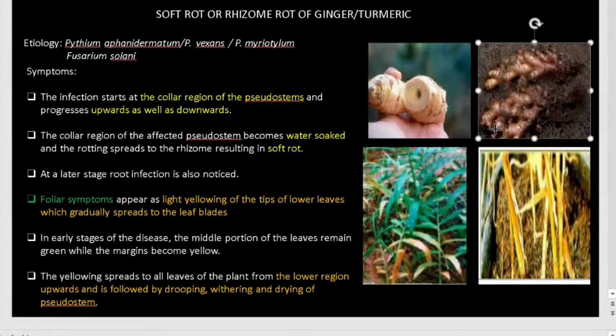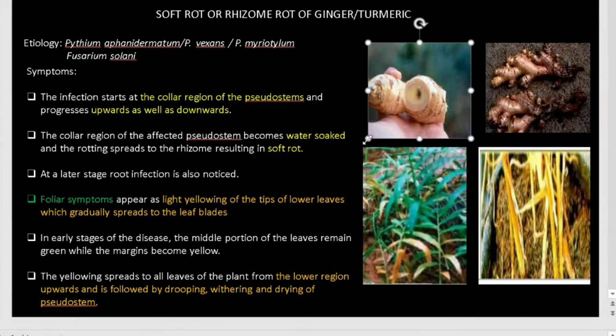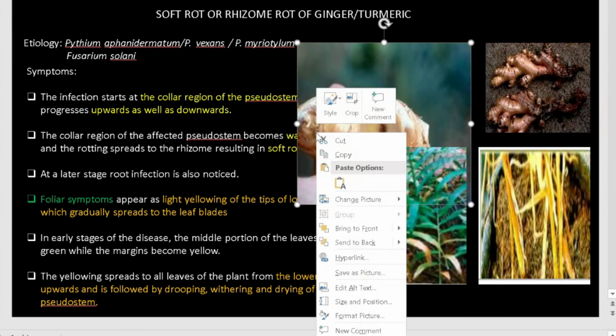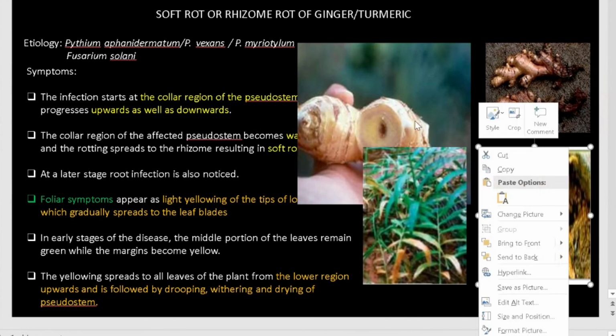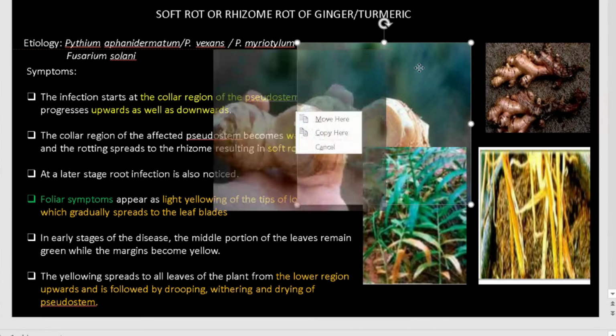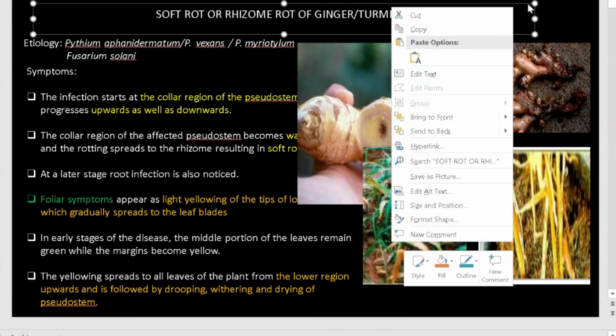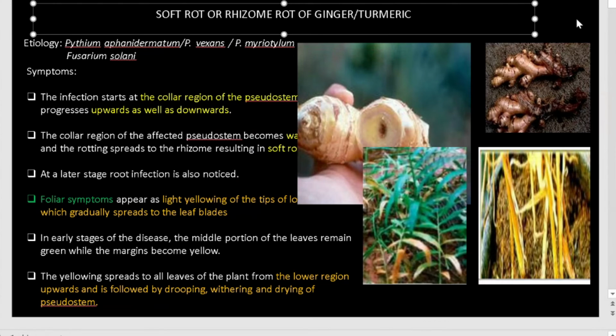In case of Fusarium, when you cut the rotted or infected rhizomes, you can see some hint of pink color due to the toxin produced by Fusarium, so there is some pinkish color inside the rhizome if there is Fusarium solani.